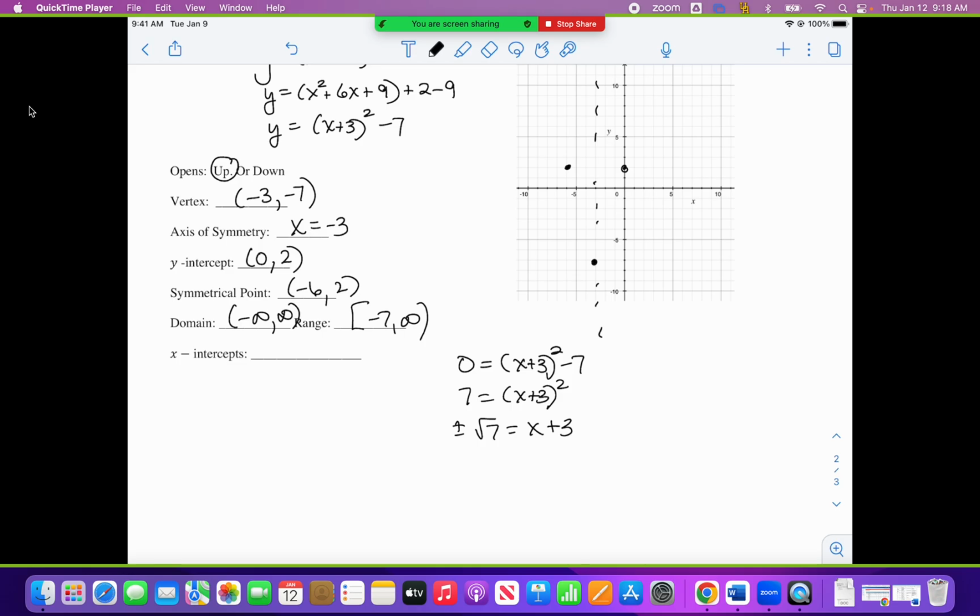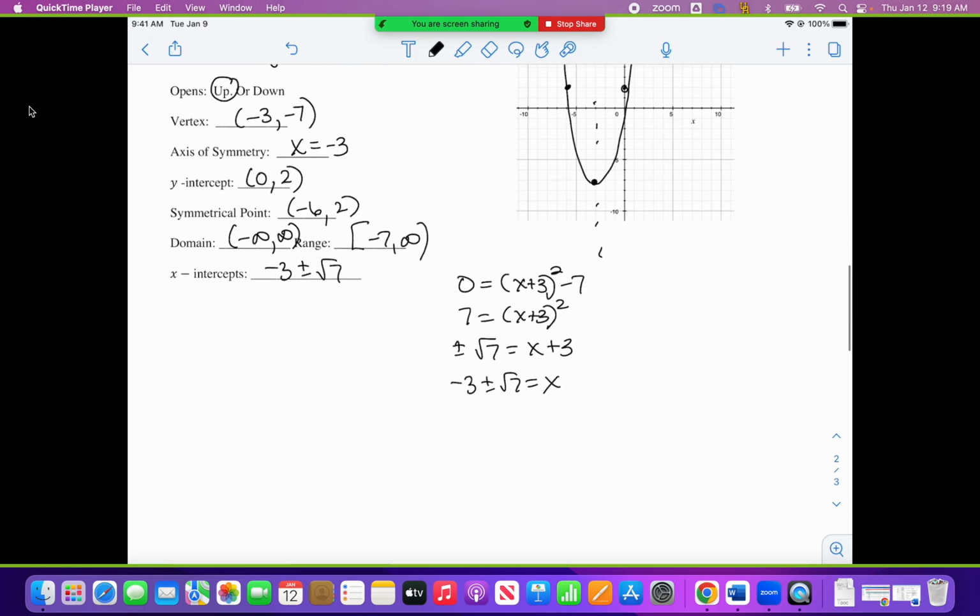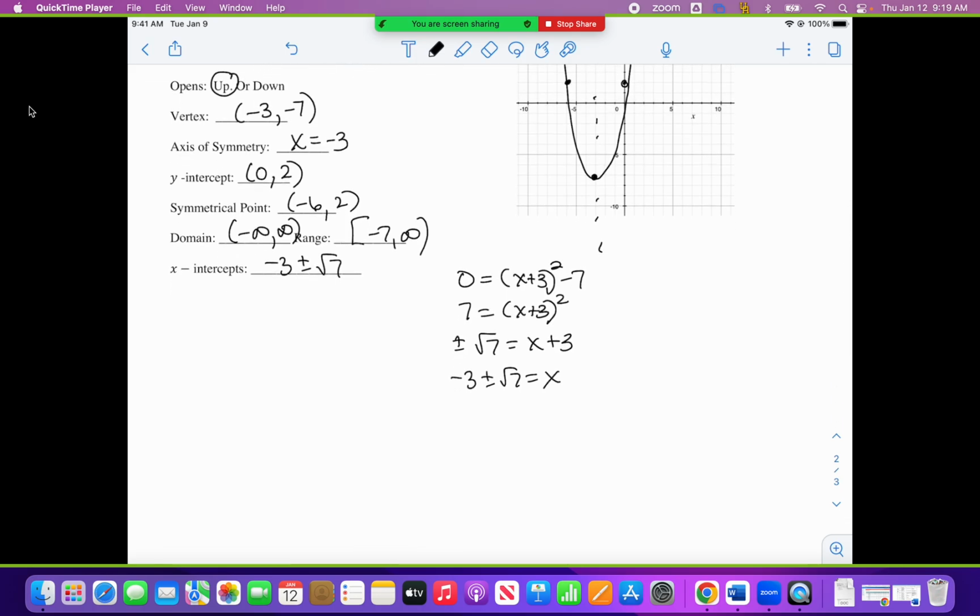Remember when we did some exponent properties, something squared, it's plus or minus the square root, and then I subtract the 3. So even though I can't really tell where those are without a calculator, those are the x-intercepts exactly. And don't forget to actually sketch the parabola.